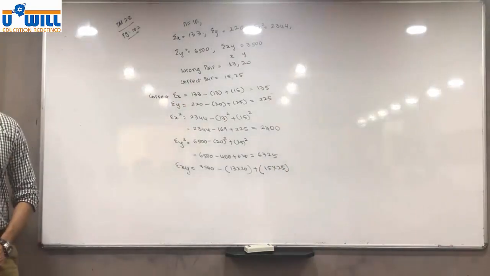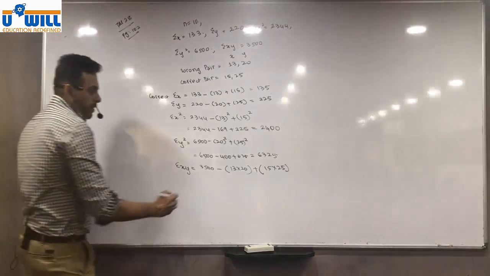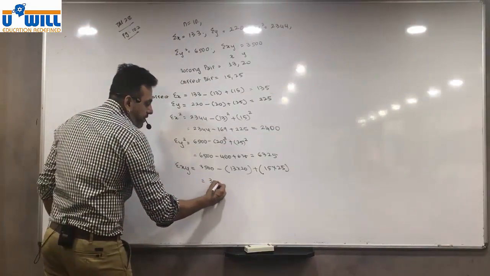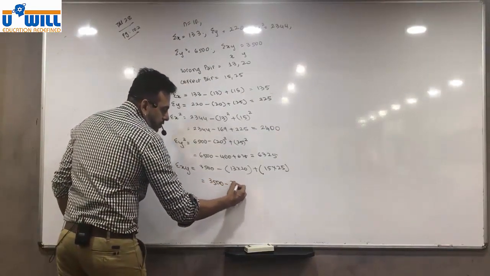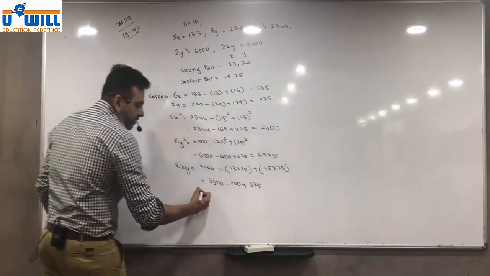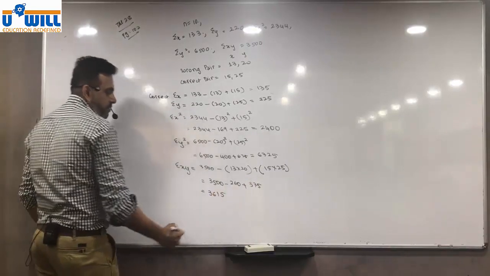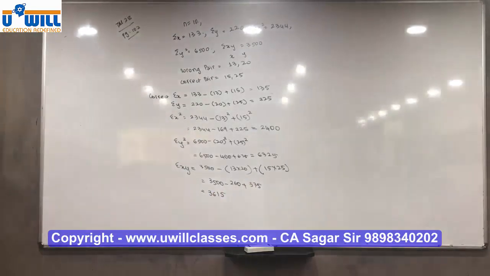Understood all of you? Okay, expected such sum in exam is equal to 3500 minus 260 plus 375 is equal to 3615. Now can you solve the sum?